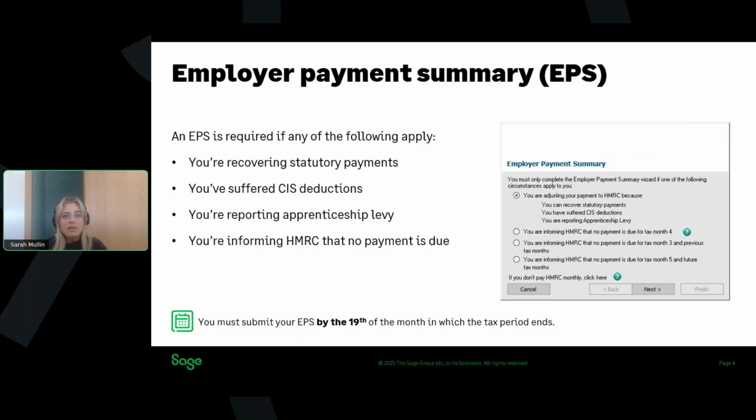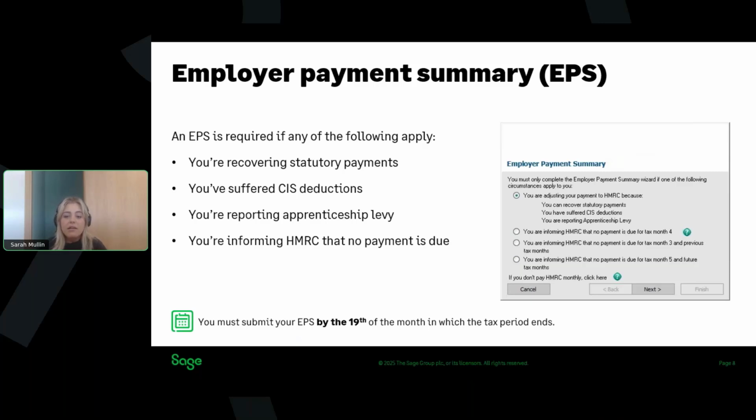But it might be that you're thinking none of those apply to you for that tax month. Then if none of those apply to you, everything HMRC needs has already been sent in your full payment submission. So you wouldn't actually have to send an EPS at the end of the month if none of those points apply.